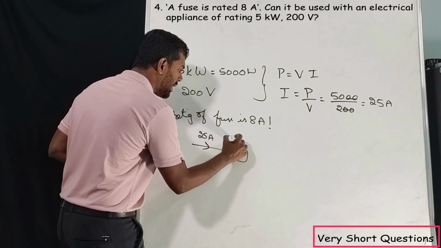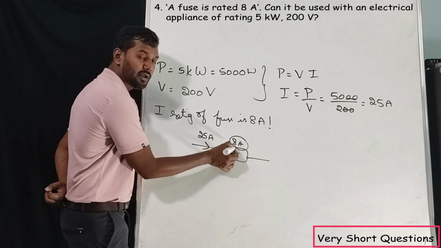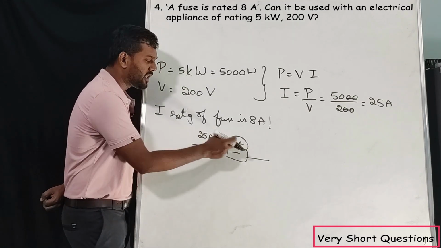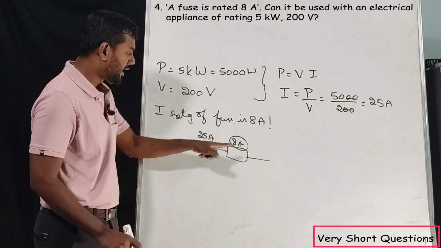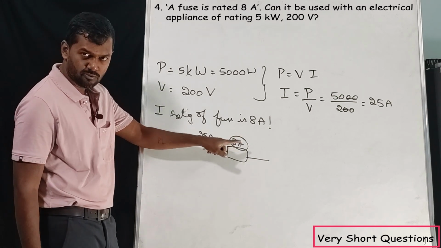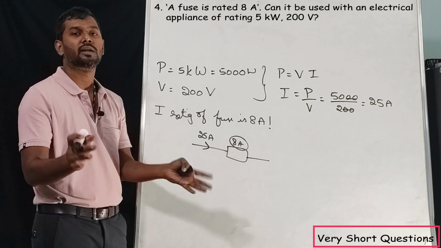The maximum capacity this 8 ampere rating fuse can hold is 8 amperes. More than 8 amperes, what happens? This fuse will melt. So whenever you connect an 8 ampere rating fuse to a 25 ampere circuit, definitely it will melt immediately.